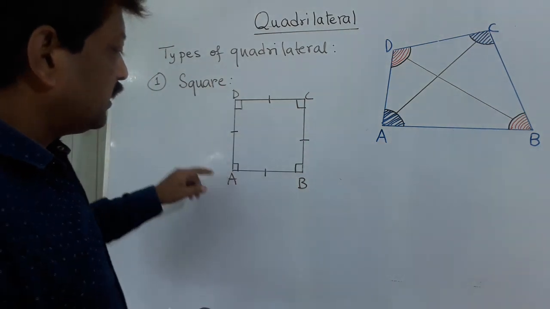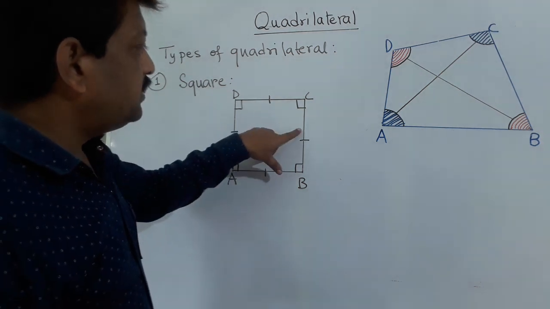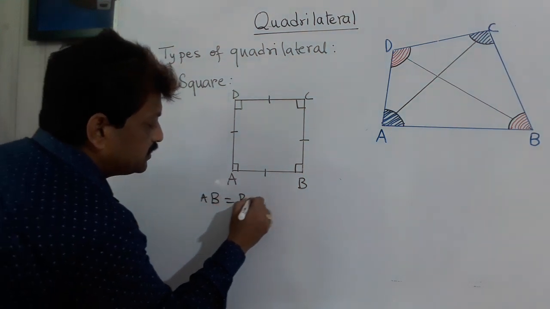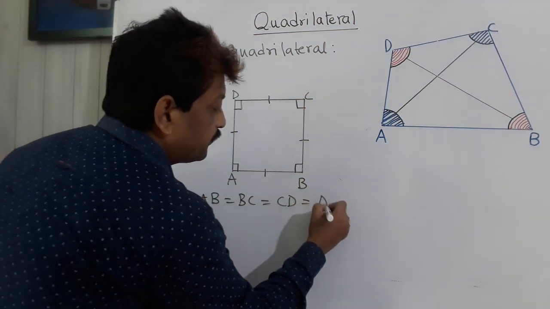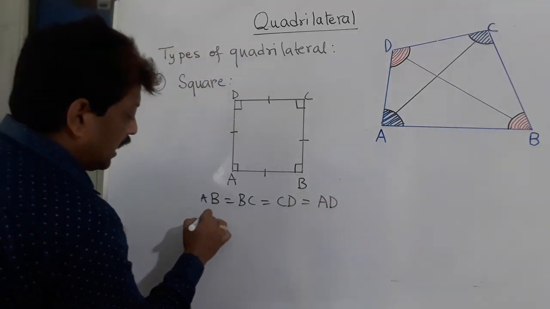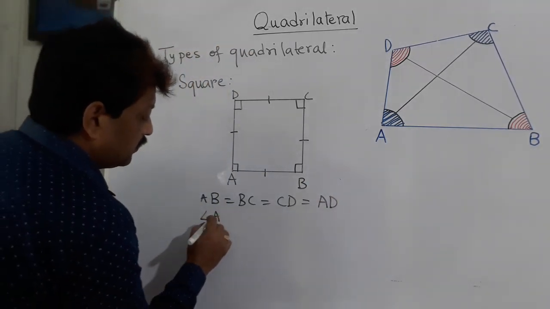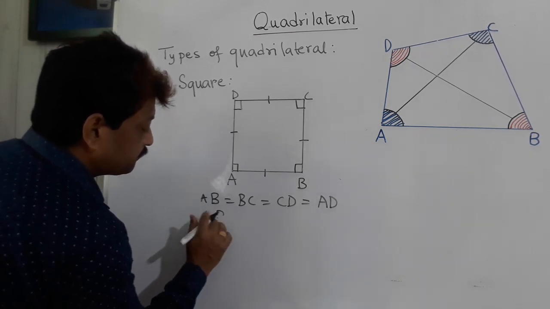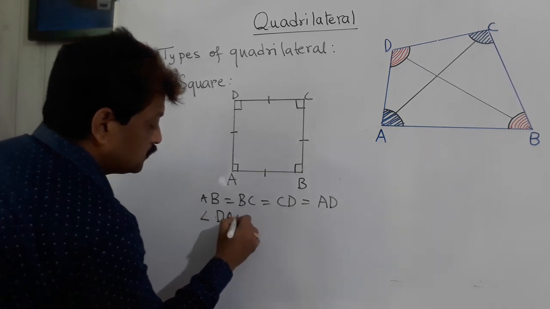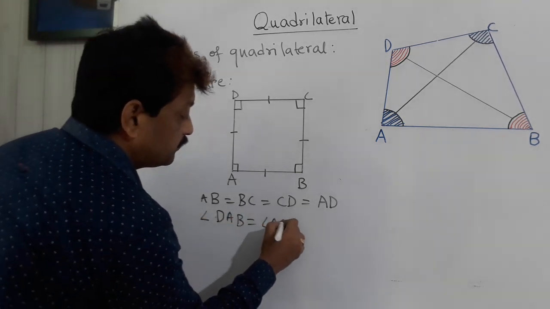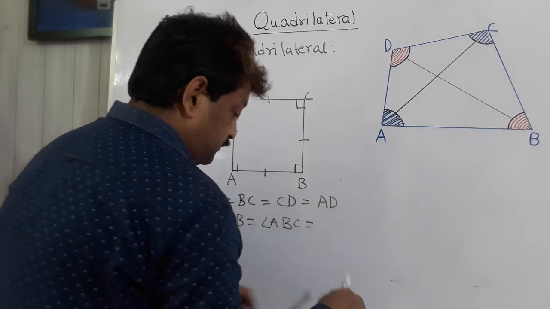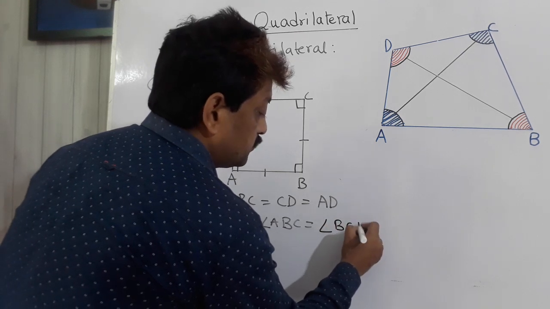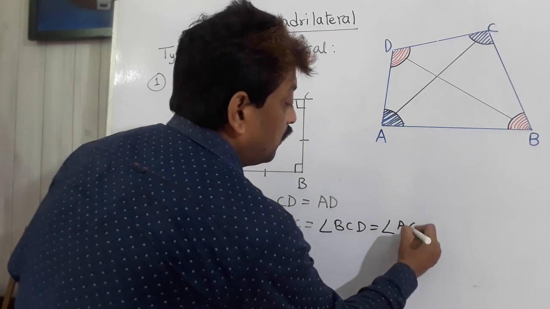So ABCD is a square in which AB, BC, CD and AD are all equal. AB equals BC equals CD equals AD, and let me write the whole thing, angle DAB equals angle ABC equals angle BCD equals angle ADC.